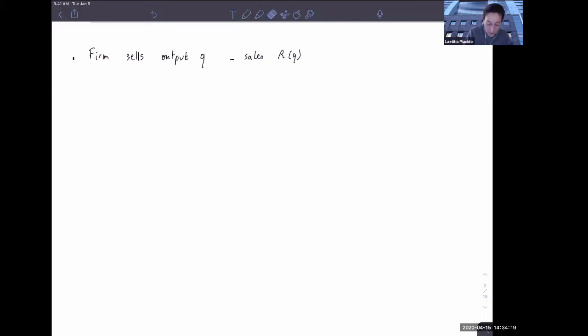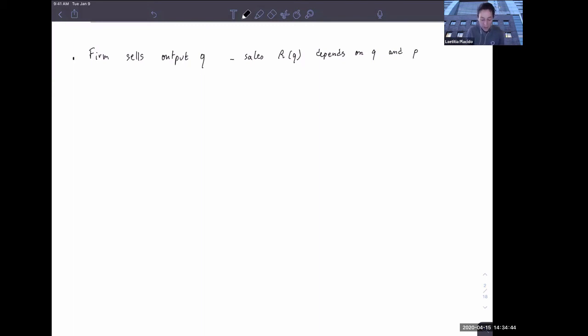That revenue is going to depend on how much output is sold, so it depends on Q, but it's also going to depend on the market price. Basically, the higher the market price, the higher the total revenue is going to be.